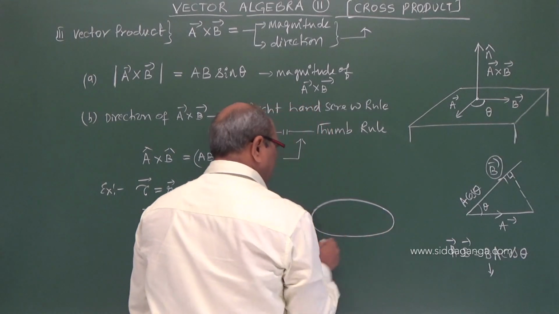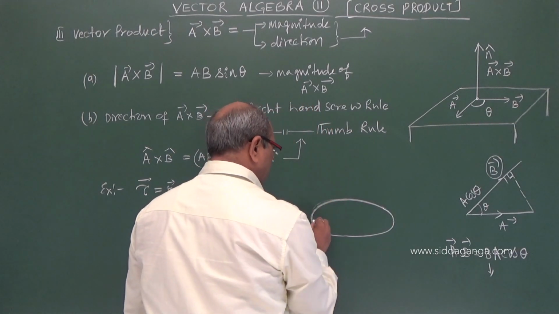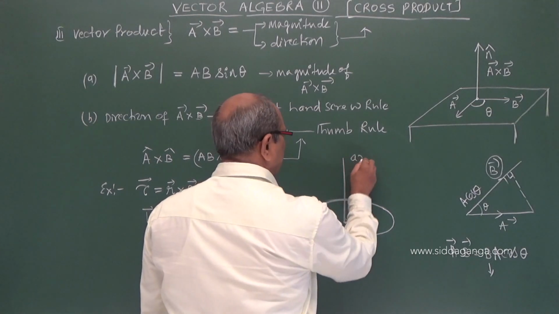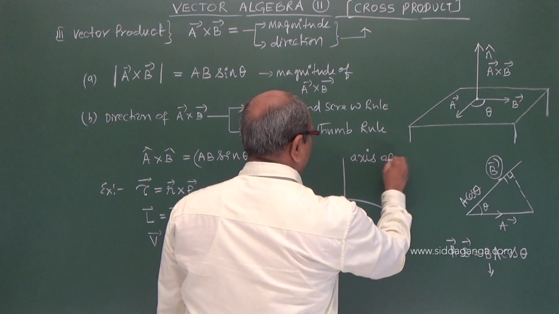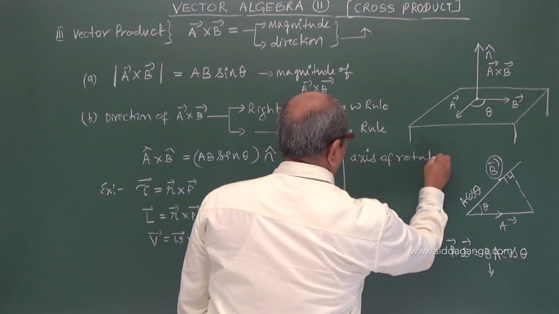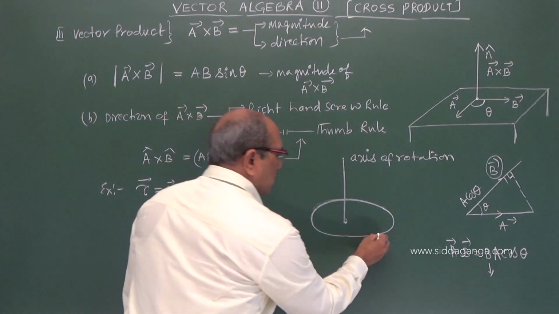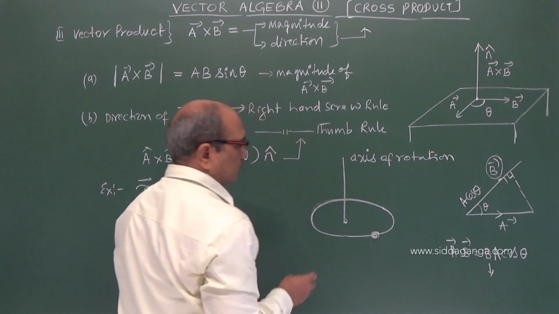Just consider a body rotating about an axis of rotation, and the particle is going round.